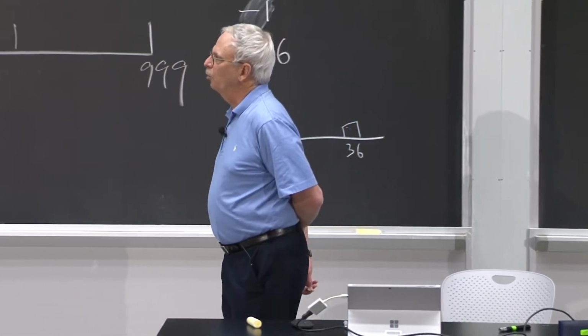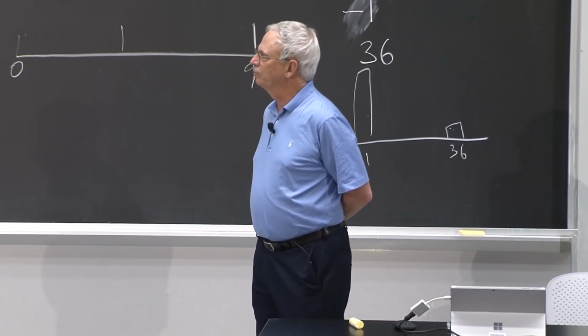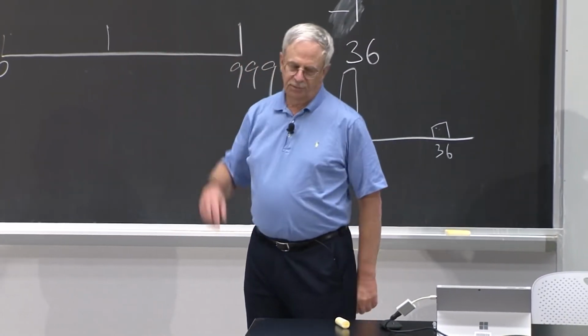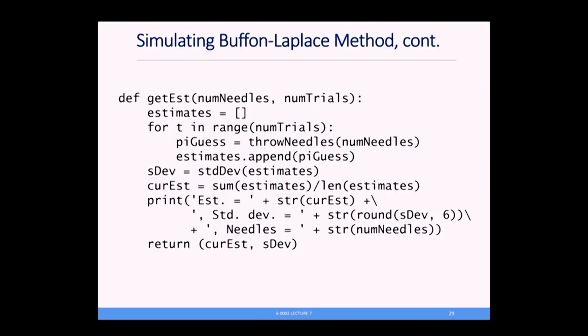Now comes an interesting part. We need to get an estimate. So we start with the number of needles and the number of trials. For t in range number of trials, we'll get a guess by throwing number of needles, and then we'll append that guess to our list of estimates.